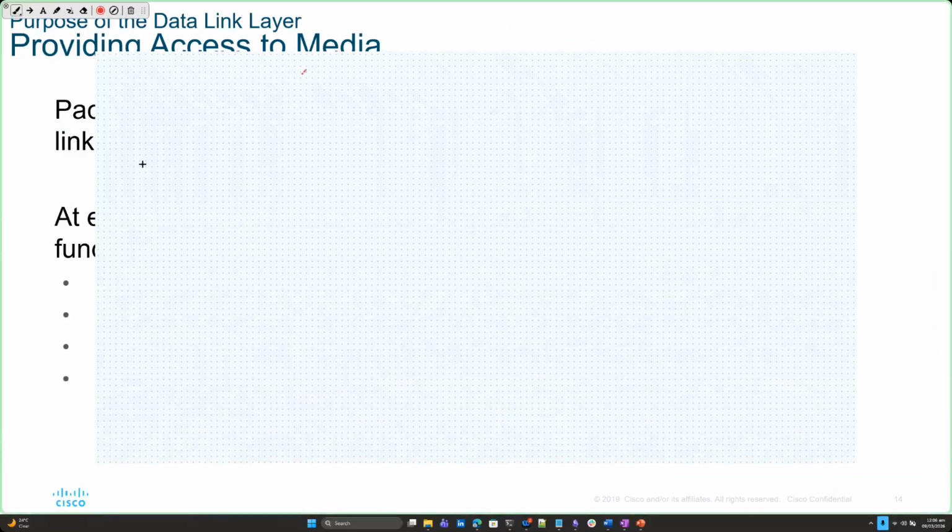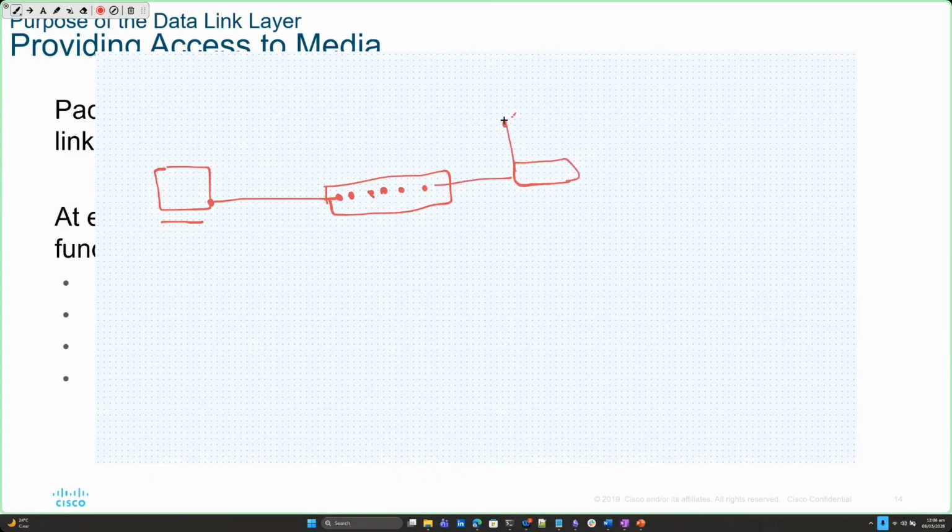Okay. So if you have a computer here, this computer could be connected using a copper cable with a switch. Let's say this is connected to a switch. And this switch could have, let's say, an access point connected with antennas, and that is connecting your mobile phone, your smartphone, with Wi-Fi.